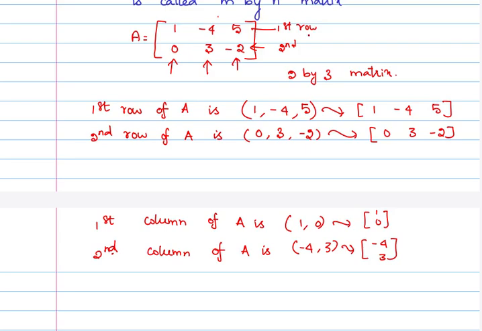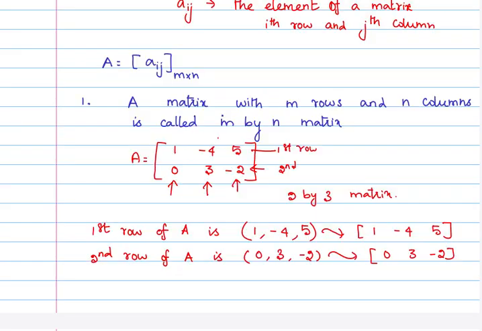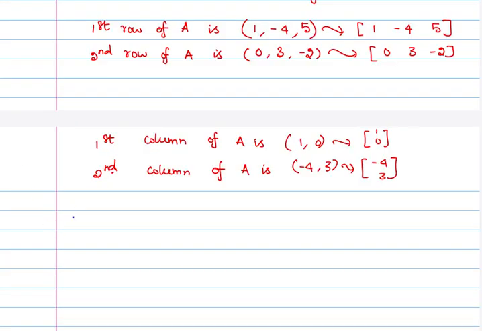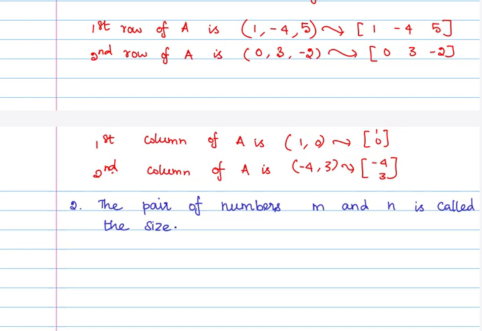Next, I am talking about an m by n matrix. The second point I want to say is that the pair of numbers m and n is called the size of the matrix.